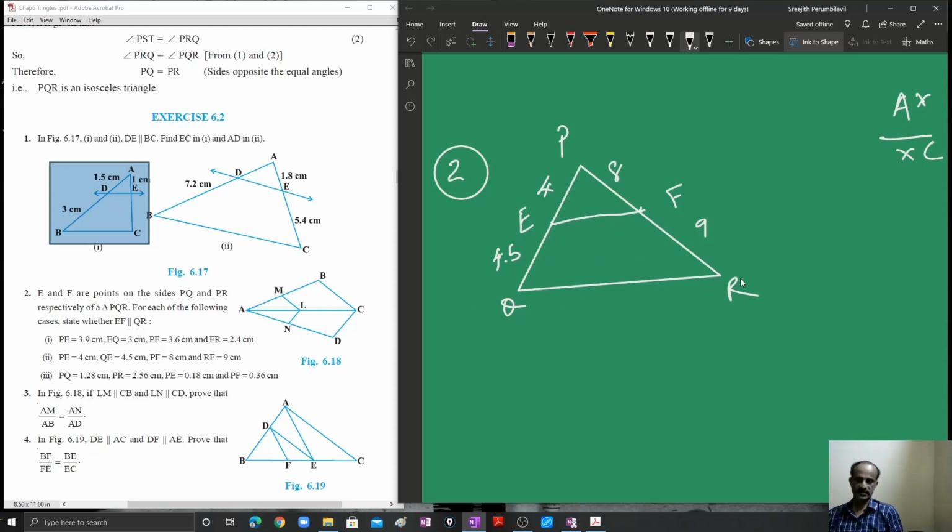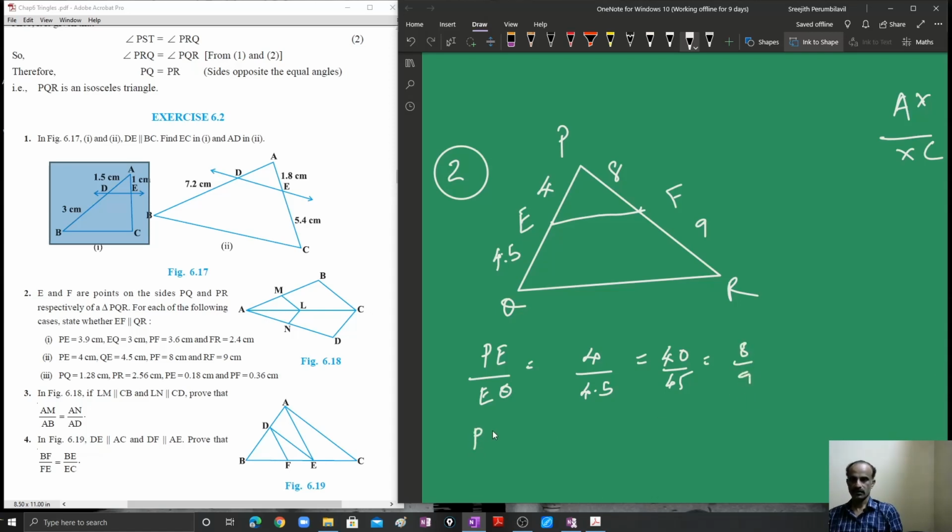What is the converse? If the sides are divided in the same ratio, the line is parallel. So we will check their ratio. PE by EQ is equal to 4 divided by 4.5, which is the same as 40 divided by 45. How much is that? 5 will go, so 8 by 9.